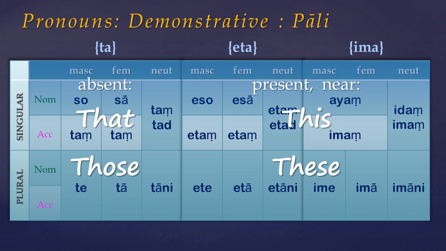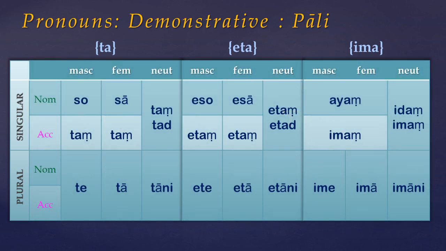The meaning of this and that often overlap, and can be used interchangeably, and the same is true with Pali pronouns too. The important thing here to remember is that pronouns take their gender and number from the thing to which they refer, while their case comes from how they are used in the sentence, nominative for the subject and accusative for the object.